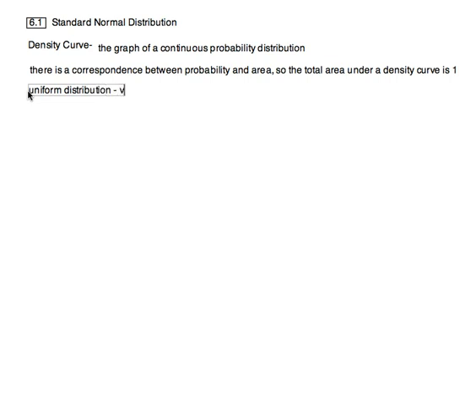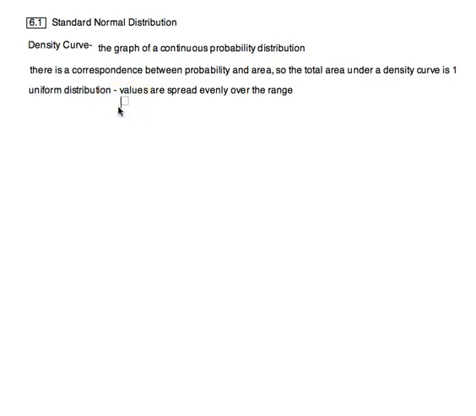So a uniform distribution is when the values are spread evenly over the range. The reason it says uniform is because the probabilities are the same consistently for the entire set of possibilities.